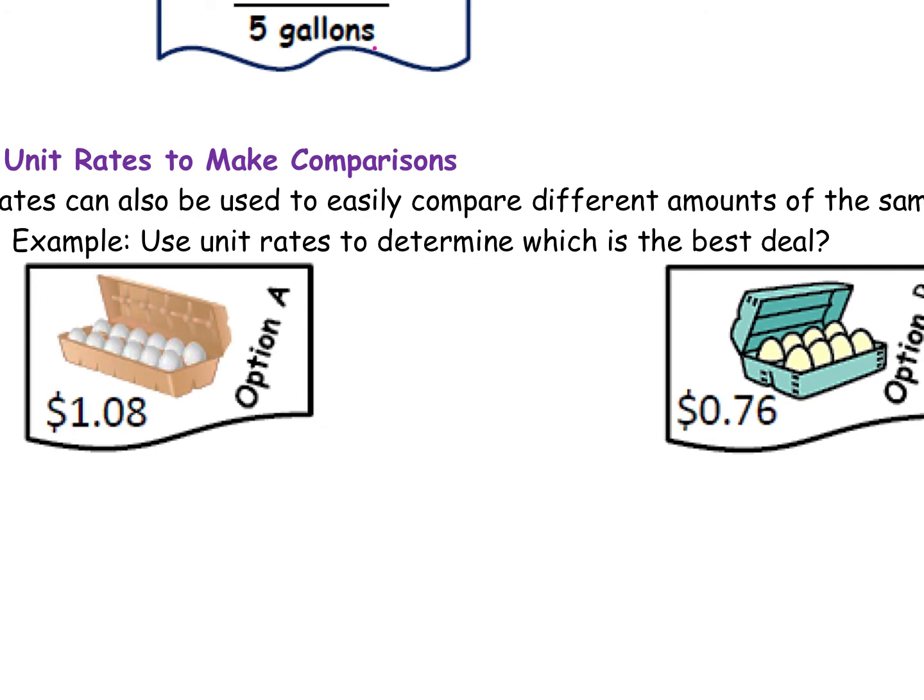Okay? So go ahead and put in the chat box option A and how much it costs per egg, and option B, how much it costs per egg. Option A is the better deal.